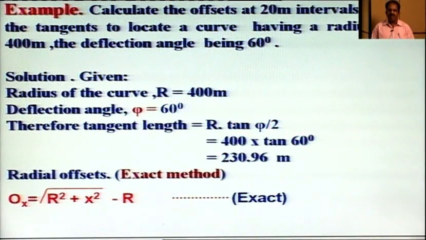The tangent length becomes, by the formula, r tan phi by 2, that is 400, the radius, times tan 60 degree by 2. So, by using the exact method we have OX.